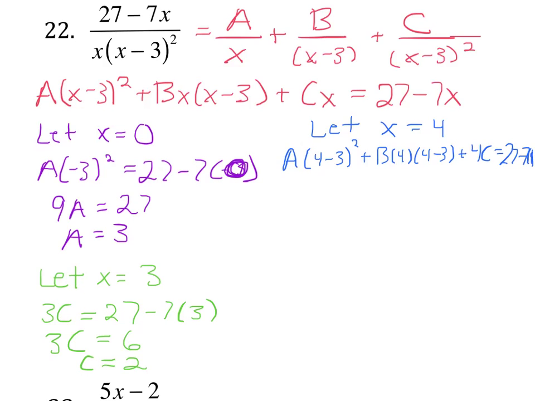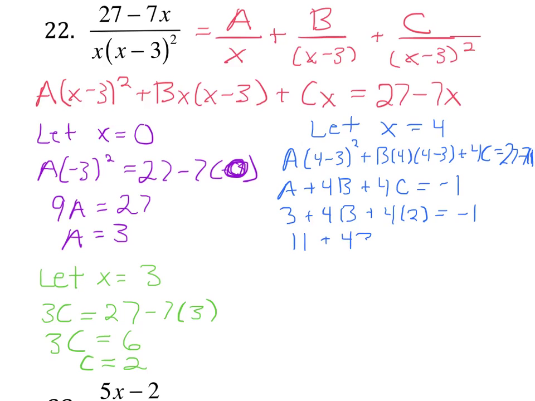So that will just be 1a plus 4b plus 4c equals 27 minus 28, so negative 1. And now that I know that a equals 3 and that c equals 2, I can plug those in. So I will get 11 plus 4b equals negative 1.